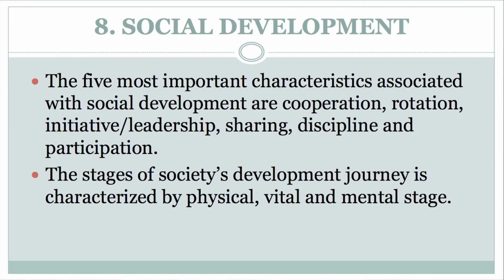The 5 most important characteristics associated with social development are cooperation, rotation, initiative or leadership, sharing, discipline, and participation. The stages of society's development journey are characterized by physical, vital, and mental stages.